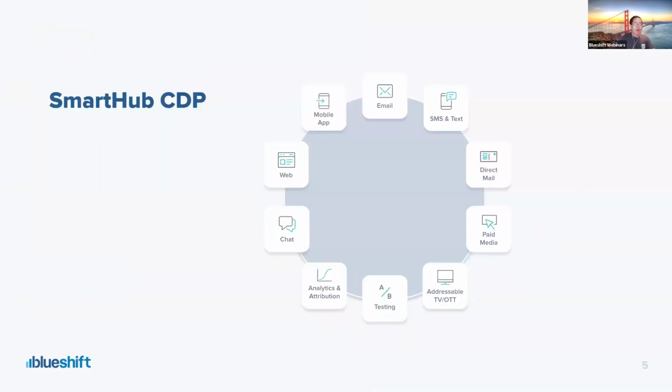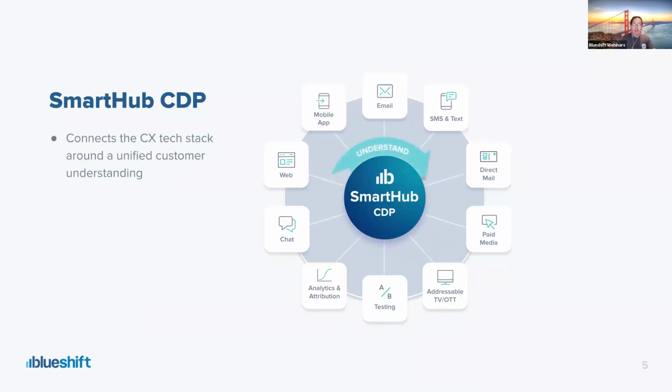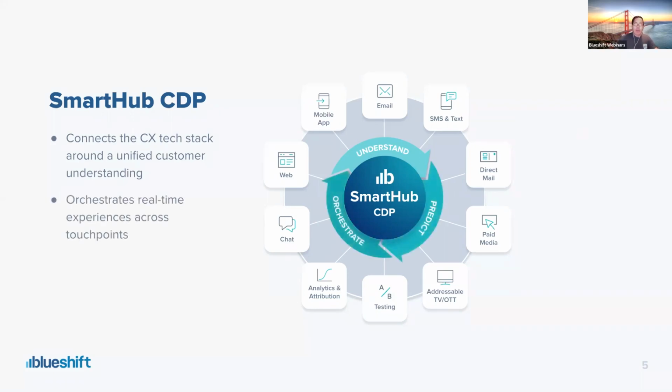Let's quickly go through what our Smart Hub CDP does. As a Smart Hub CDP, it becomes the central hub of your marketing stack. It needs to ingest all the data across all your different data sources, whether it's on the web, on the mobile app, or other channels that you may have, and make that data smarter and unify that data, so that we can start creating insights and predictions around it and marketers can start acting on it and orchestrating it in any number of ways.